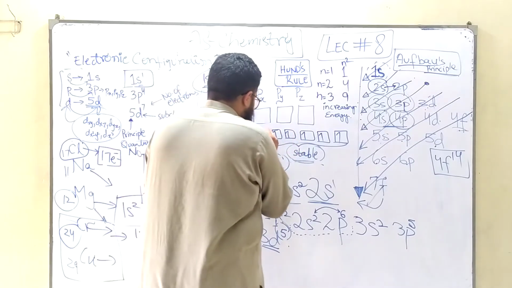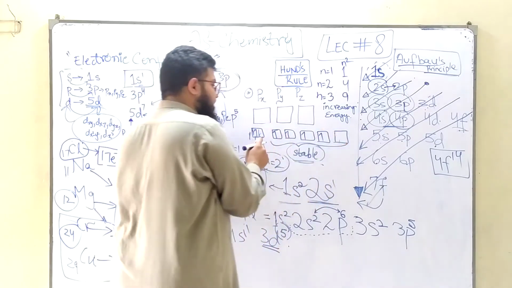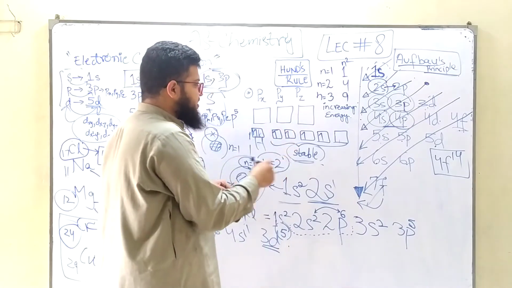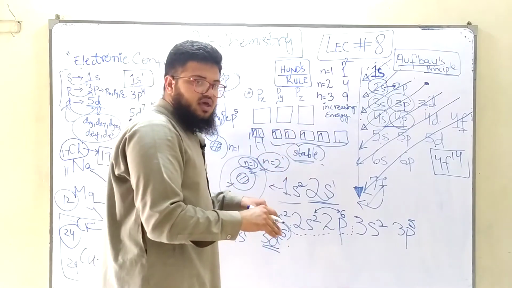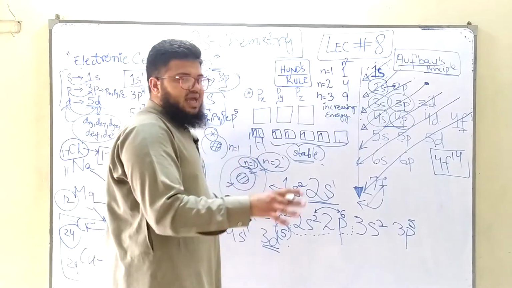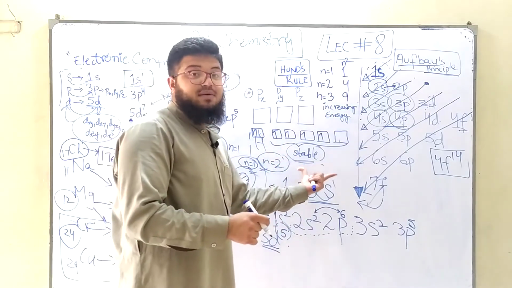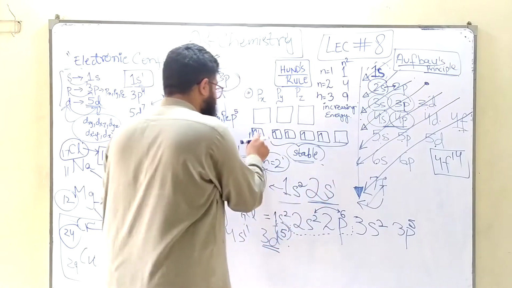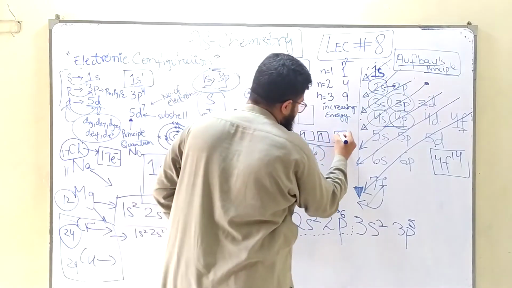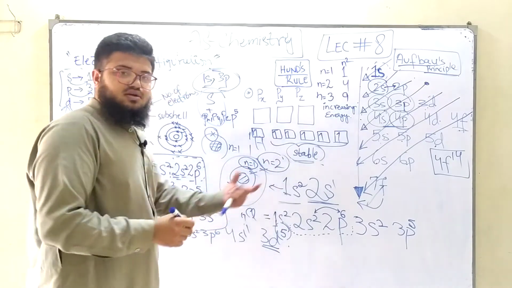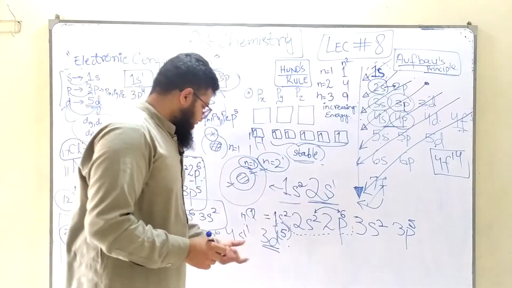Whereas this configuration, which was the original one, according to the Aufbau principle, was a less stable one. So anything in nature, any element, would want to stay in the most stable form. So in order to achieve the maximum stability, this s electron is transferred to the next subshell.